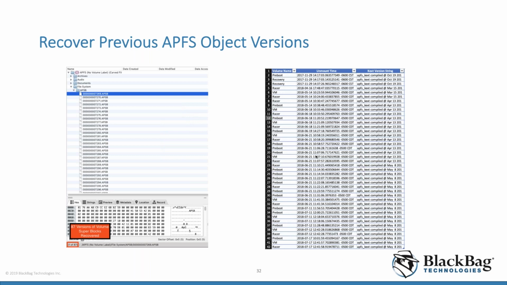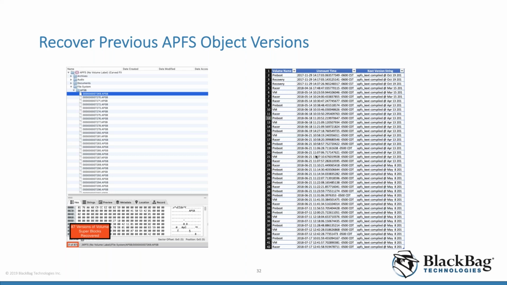APFS itself is what we call a copy on write file system, which means when its metadata objects are changed, say you're changing a timestamp or something like that, rather than changing only the few bytes of that on disk, an entirely new object is created with the updated information, and the old object is released, but not necessarily overwritten.